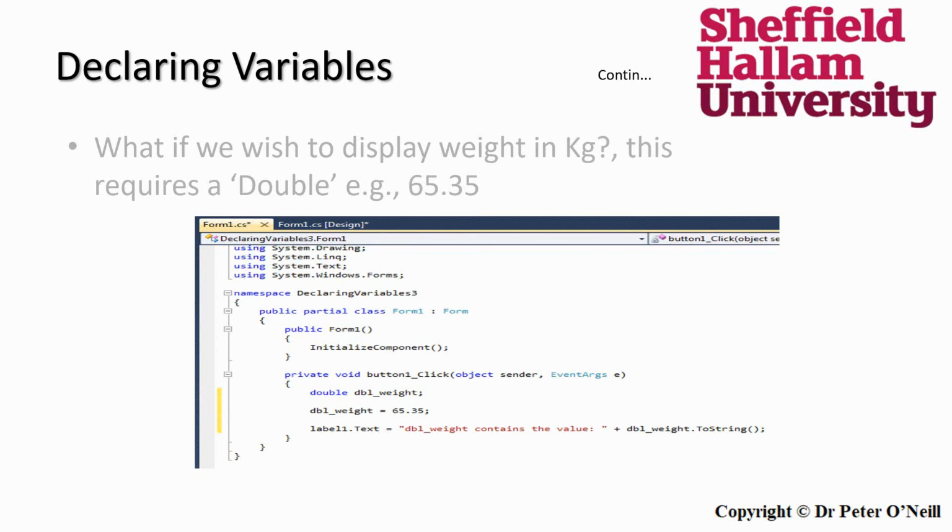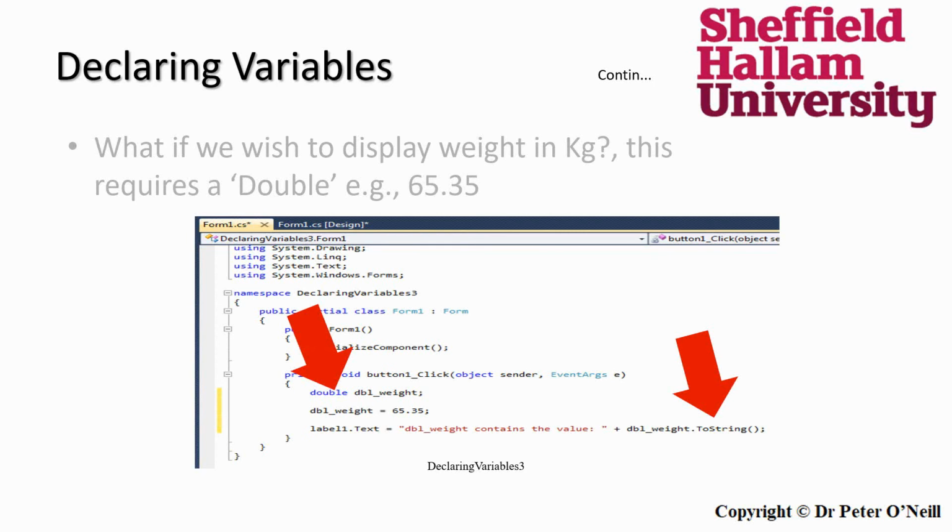As you can see in our code here, I've declared double dbl underscore weight. There we are. Okay. And what we've done is we've assigned the weight underneath it with dbl underscore weight equals 65.35, and then we've replaced at the other end toString with the weight double underscore weight.